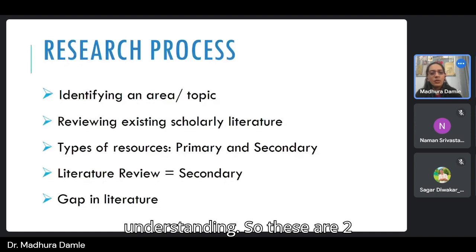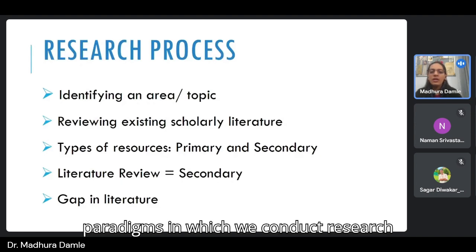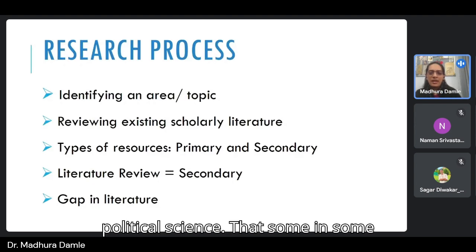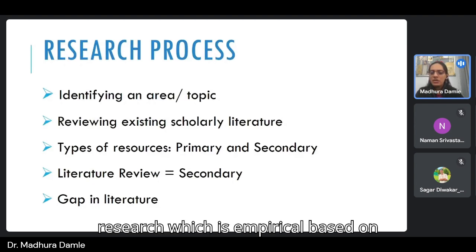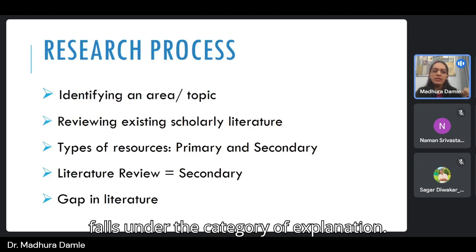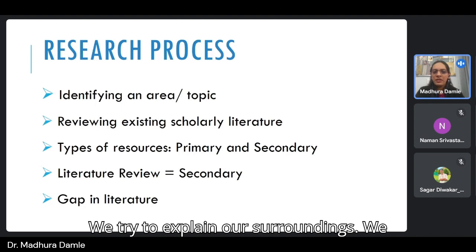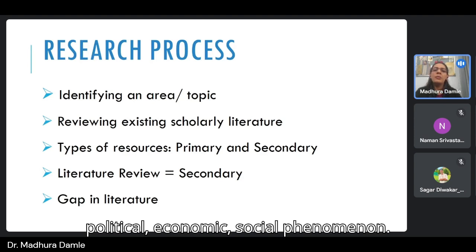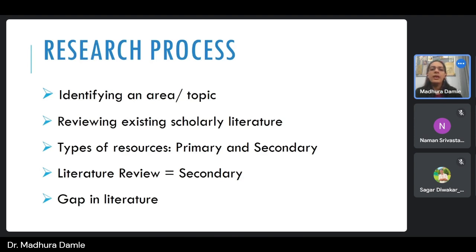So these are two paradigms in which we conduct research in social sciences, particularly political science. Some research which is empirical, based on observation of reality around us, falls under the category of explanation. We try to explain our surroundings. We try to explain a particular political, economic, social phenomenon.